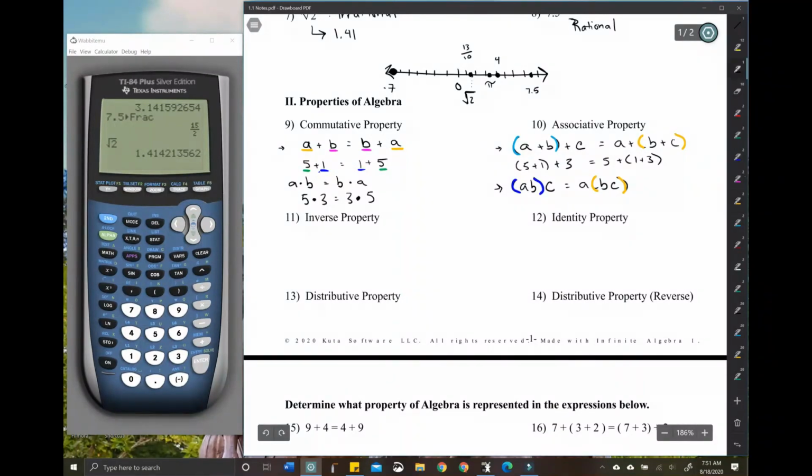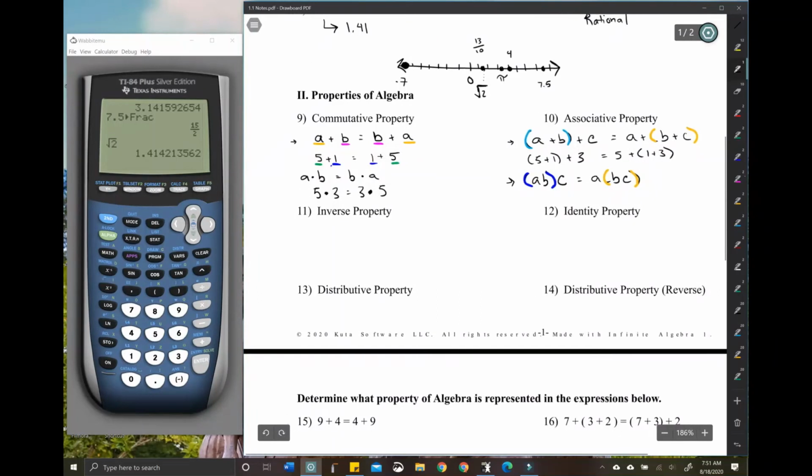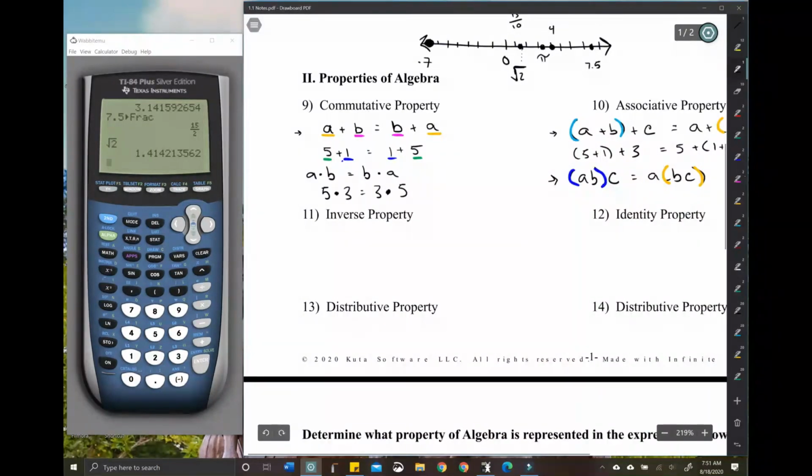Inverse and identity properties are next. The inverse property, okay? Inverse property for addition, okay? So for addition, looks like this here. If we have A and we add its opposite, well, we get 0.